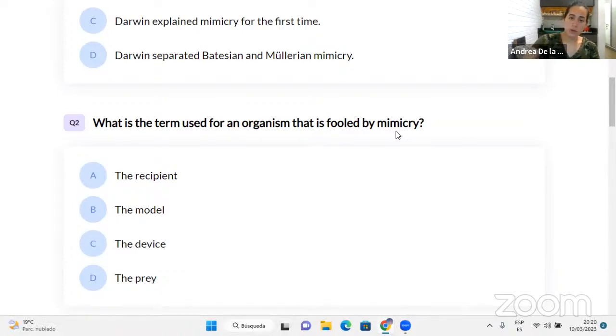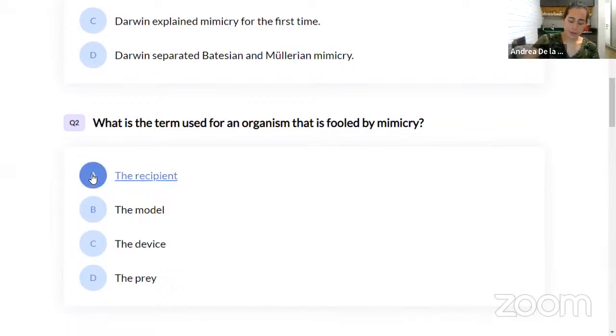So let's see, we're gonna go for A because majority means, let's see. And I do think it's A. There were only 3 terms mentioned. I think it was the mimic, the model, and the recipient, right? So let's just use our logic. The one that is fooled, even by looking at the grammar part, this is the passive voice, right? So the object is receiving the action.